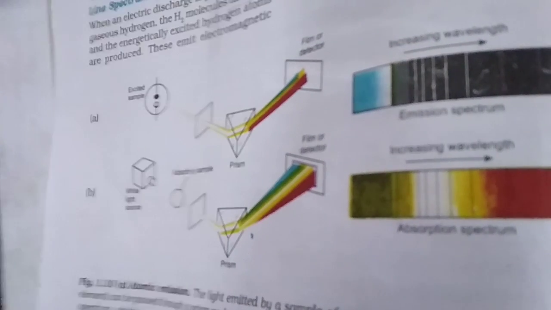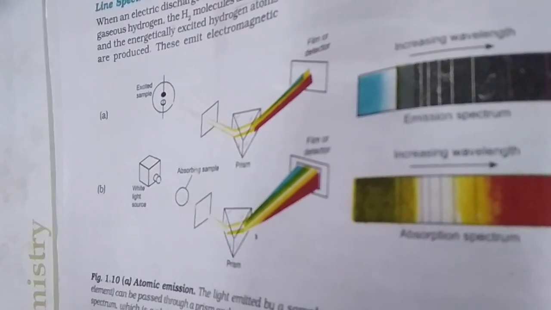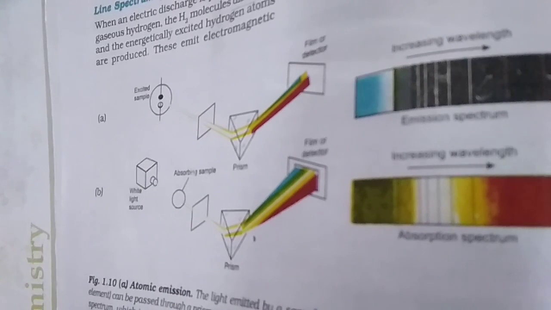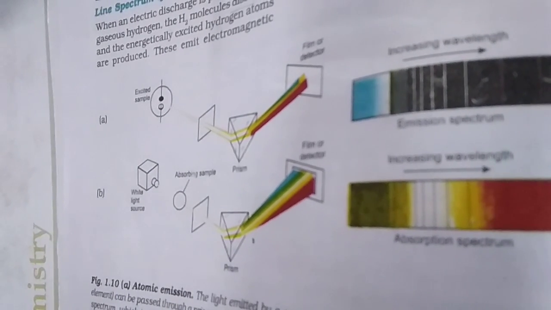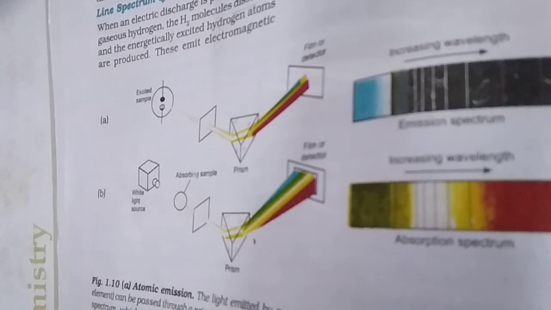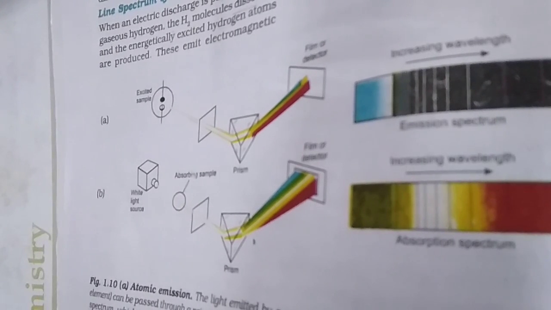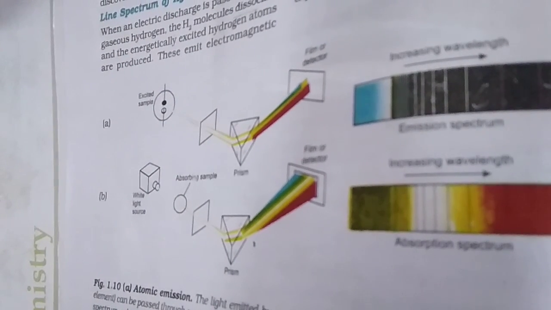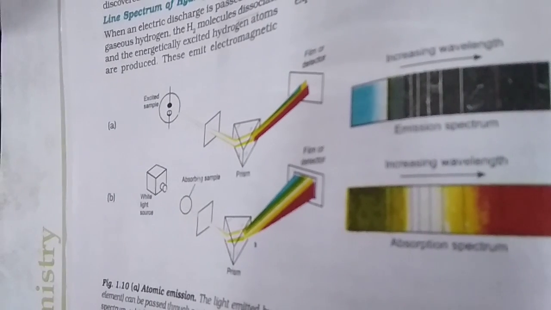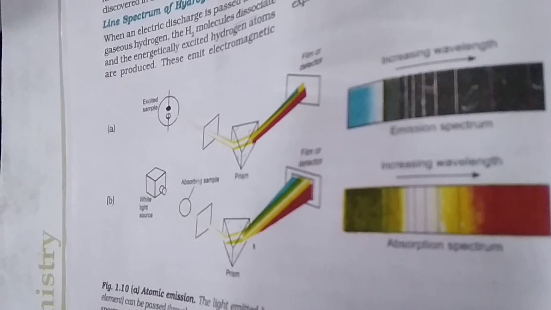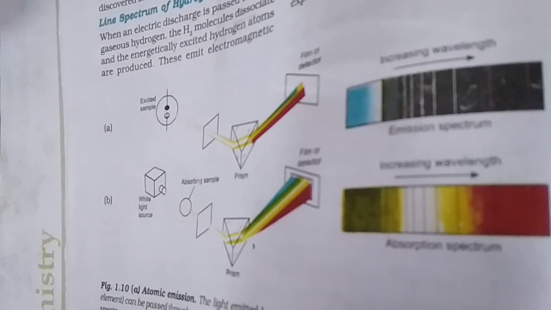See, this is the line spectra of the hydrogen atom. The first one is the emission spectrum. We will get bright lines on a dark background, and the second one is the absorption spectrum. We will get dark lines on a bright background.